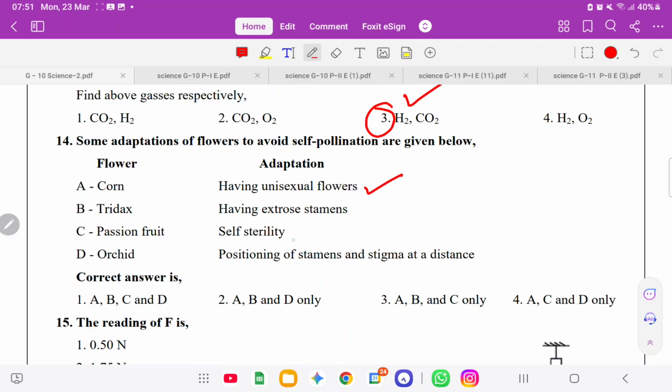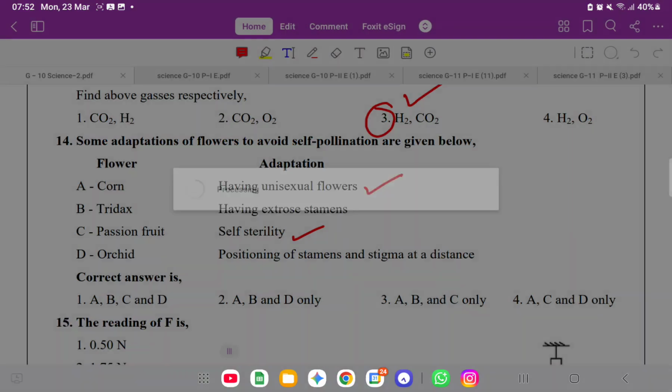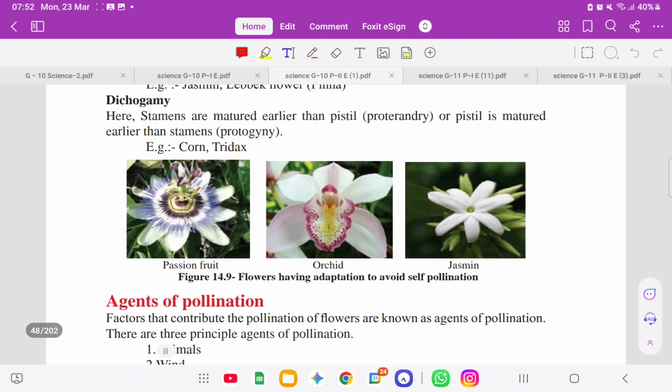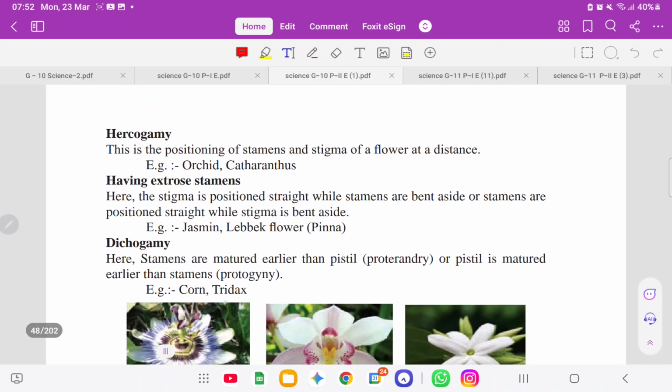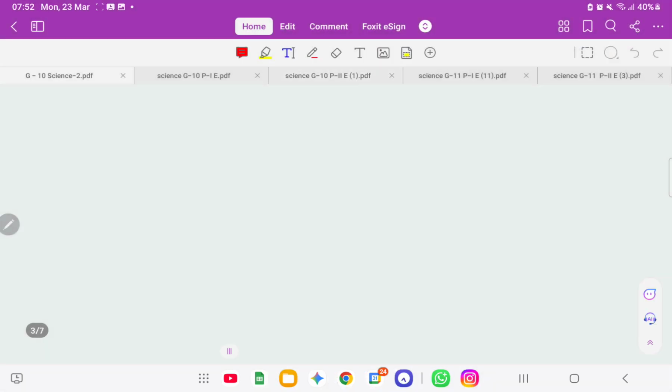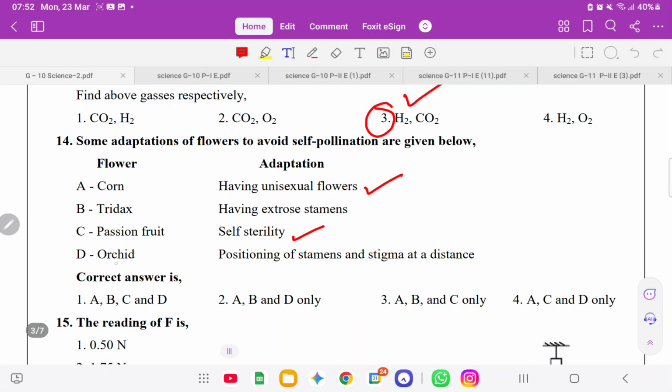And self-sterility, passion fruit is also correct. Then tridax and orchid, we'll see. Tridax is mentioned under dichogamy, so that's wrong. Having extra stamens is pin and jasmine, not orchid. Orchid, positioning stamens; tridax, extra stamens. That's wrong.